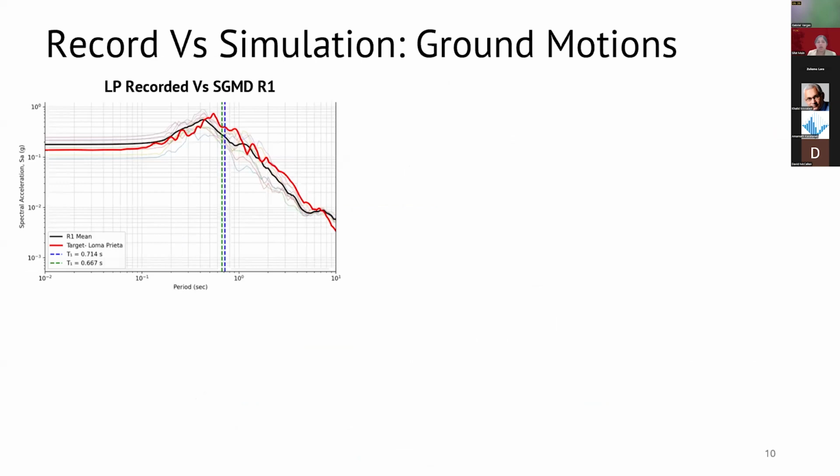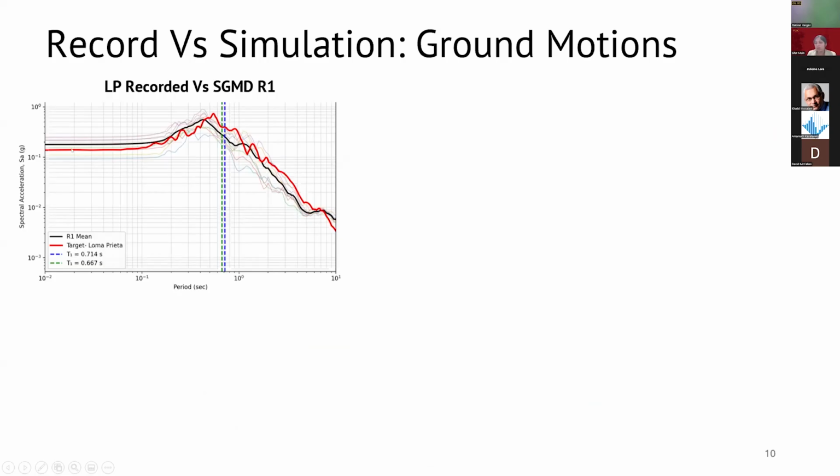Okay, so this is what I was talking about, why we use Loma Prieta. Here we see the response spectra of Loma Prieta, which we call the target, the recorded one, in red. And then the black is the mean of realization 1.